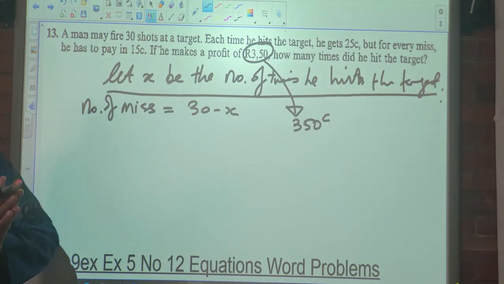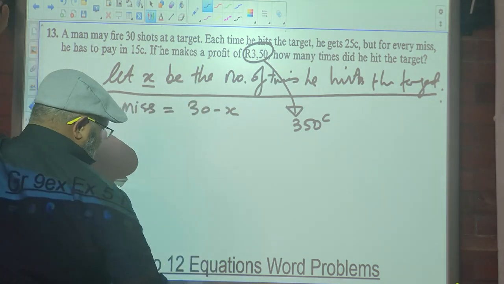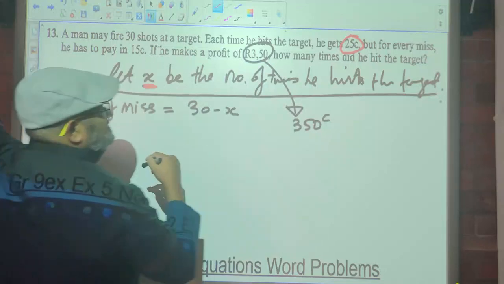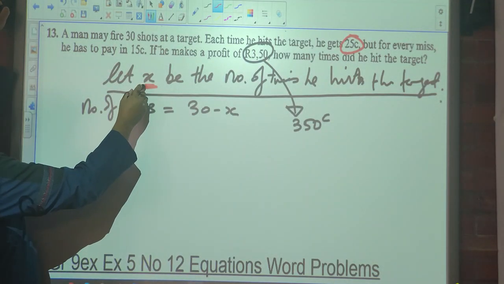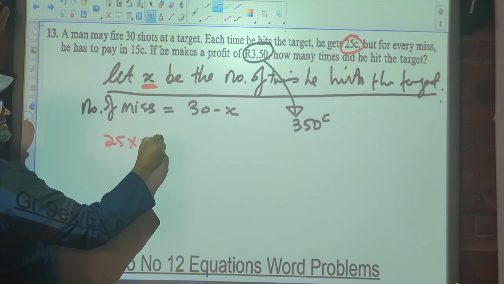So how do we get his total? If he hits the target, he gets 25 cents. So if he hits it x times, it's going to be 25 times x.